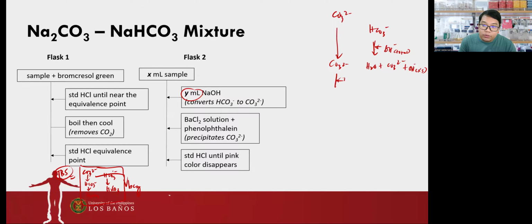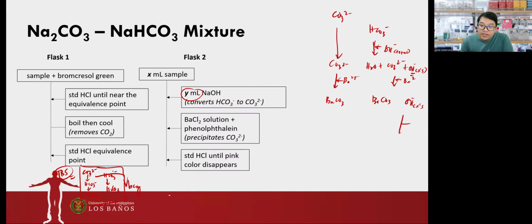So, we add Ba2 plus, so that all carbonate ions will be converted to its precipitate form. Ayan. So itong CO3 2 minus magiging BaCO3 ulit. Tapos wala siyang effect kay OH minus. So meron tayong OH minus dito na excess. Okay? Tapos actually yung excess natin na OH minus, yan ang itatitrate natin for flask 2.